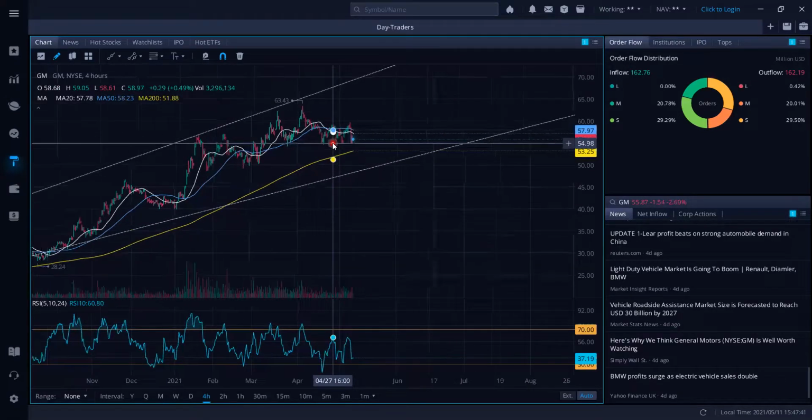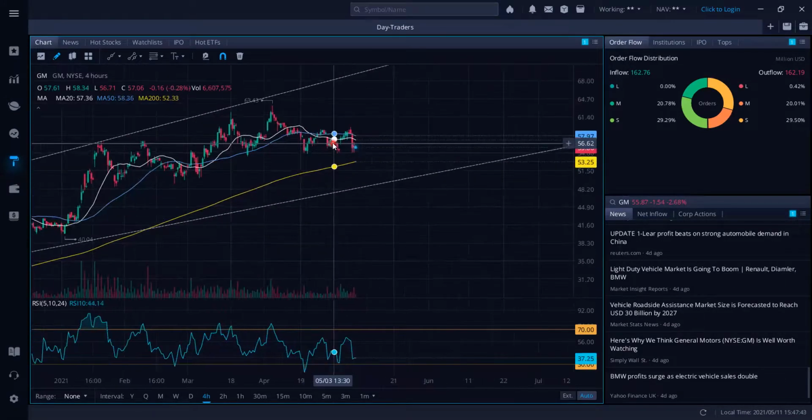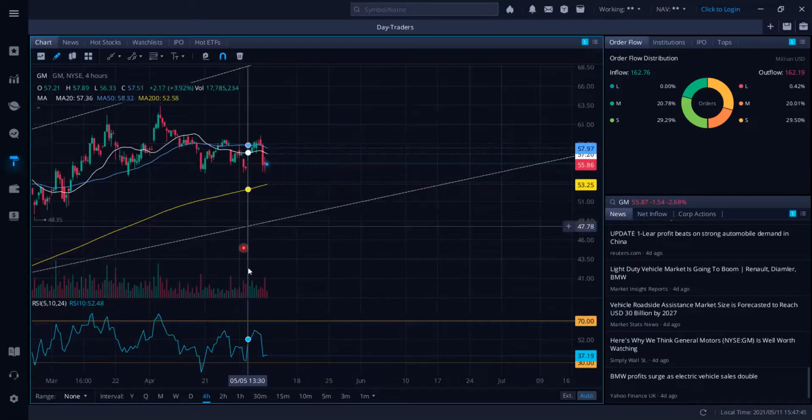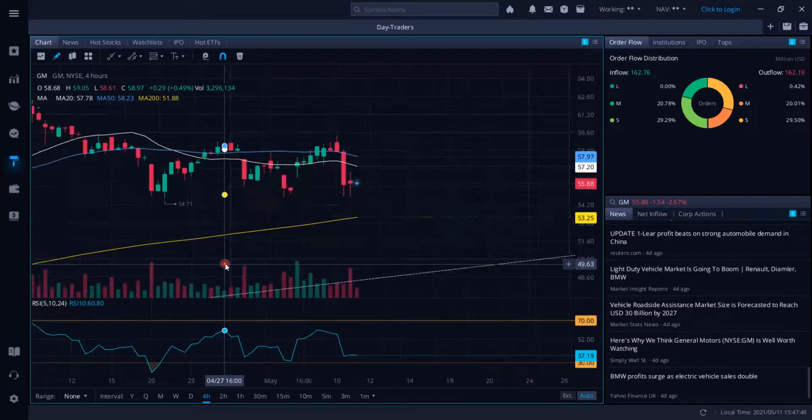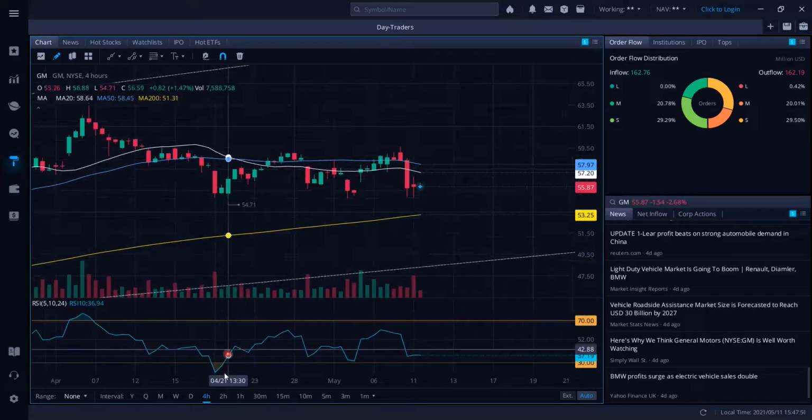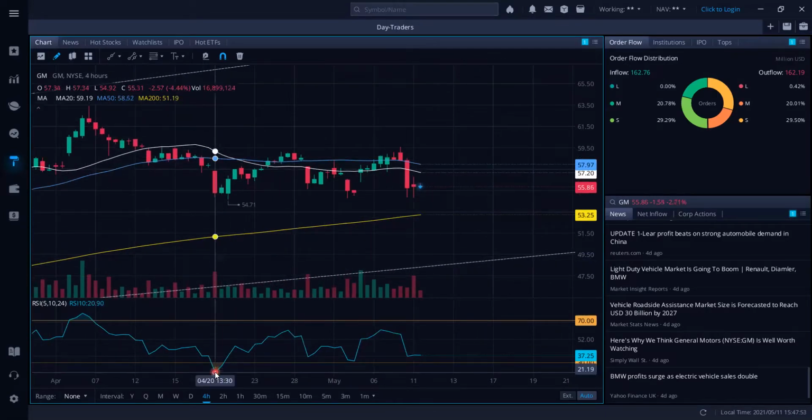All right. So we're on our 4-hour chart right now, kind of getting a glimpse of what's going on here. Look at this right here. We hit an oversold point right here. Is it a coincidence that we then get a reversal pattern to follow? Look at that reversal.